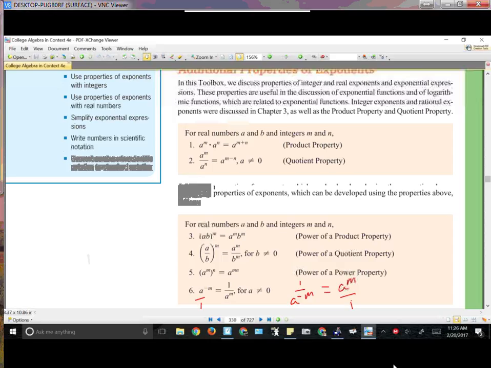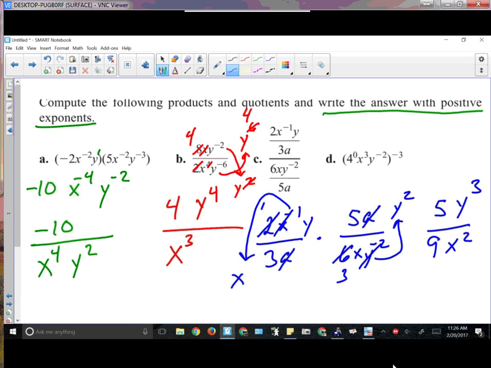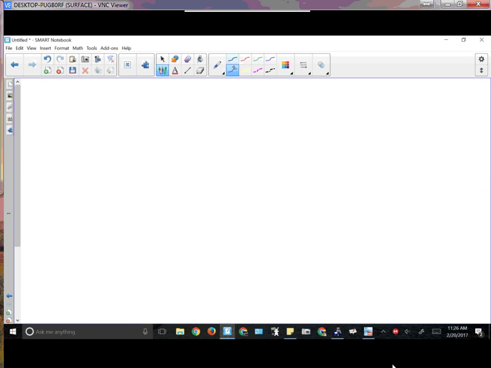So another thing that you should make sure that you have down is that a to the 0 power is equal to 1. Now, why is that? Well, if I have a to the 0 power, that could be a to the first power over a to the first power, right?